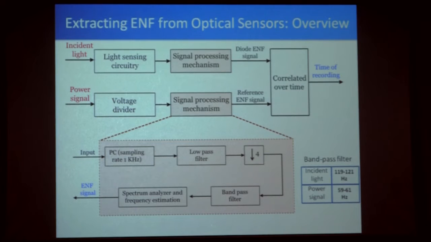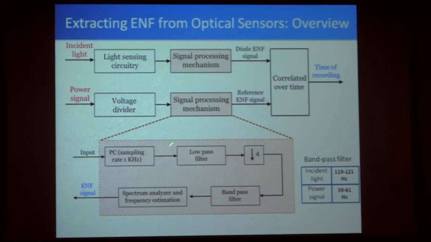So here is a block diagram. As an overview, we have the light sensing circuit, and then we have the signal processing mechanism, and we also tap into our power network and sample the power ENF. Originally we can sample at 1 kHz or even below it, depending on the sampling device we have.